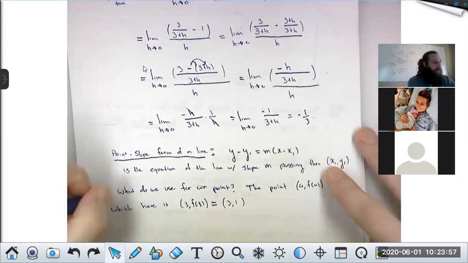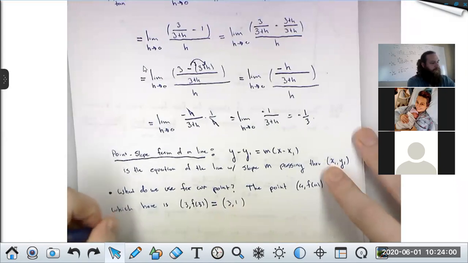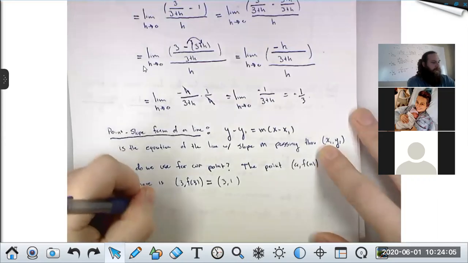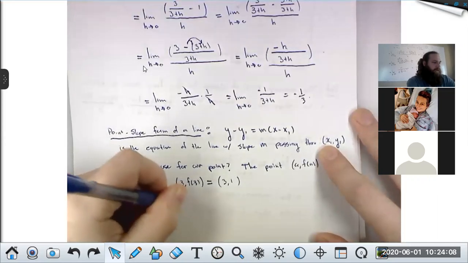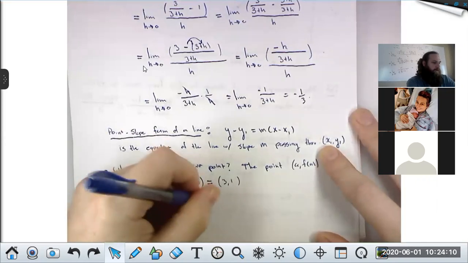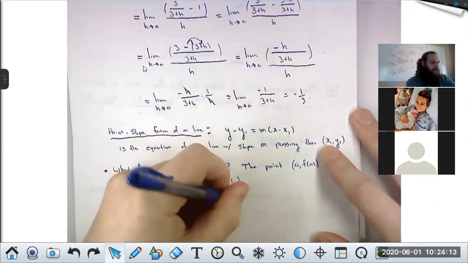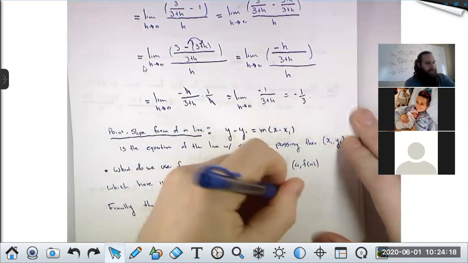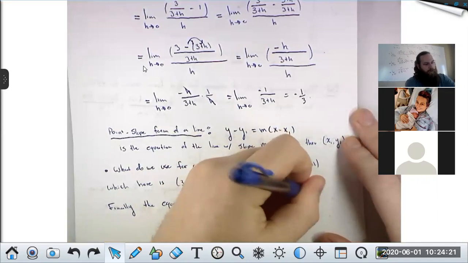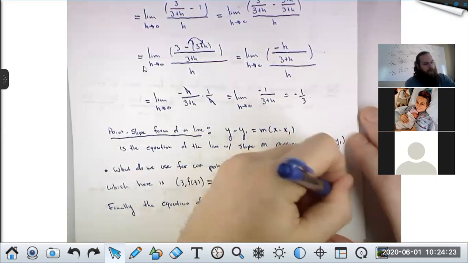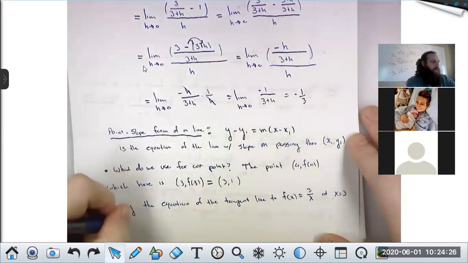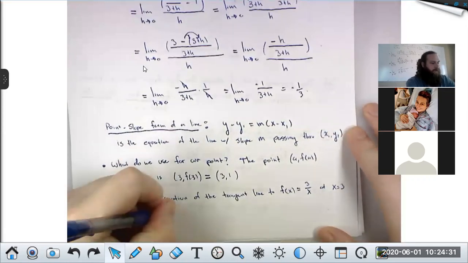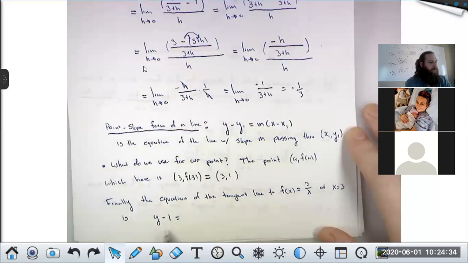So finally, the equation of the tangent line to f of x equals 3 over x at x equals 3 is y minus y1, well, y1 here is 1, equals m, my slope.